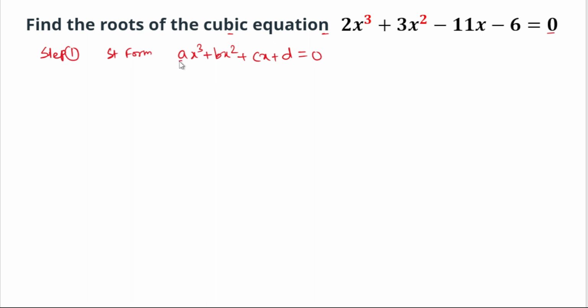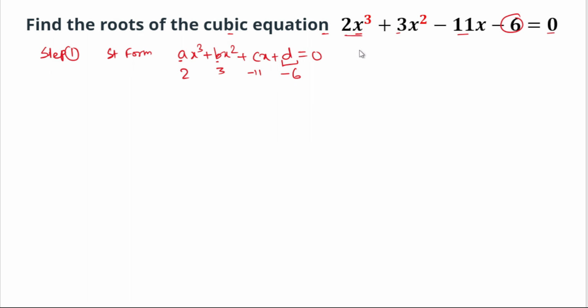So here a is the coefficient of x cubed, that is 2, and likewise b is the coefficient of x squared, which is 3, and c is the coefficient of x, here it is negative 11, and d is the constant value, here it is negative 6. So friends, for the solution of x we have to make factorizations of this term.